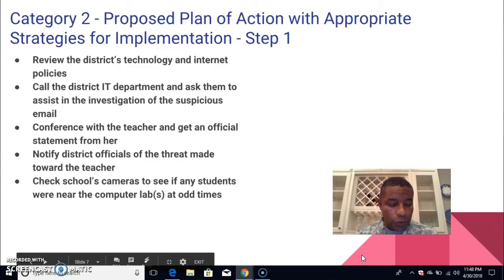Ask Ms. Tate who she suspects may have been involved in sending the email to her and the reasons why. Notify the district officials about the email and the threat made. Check the school cameras to see if anyone was around the computer lab at the time, the odd times, or during the times that the email was sent to Ms. Tate.